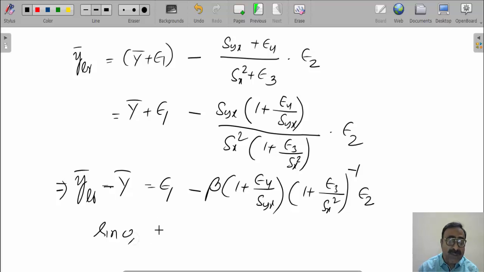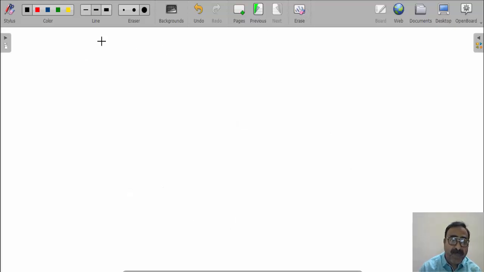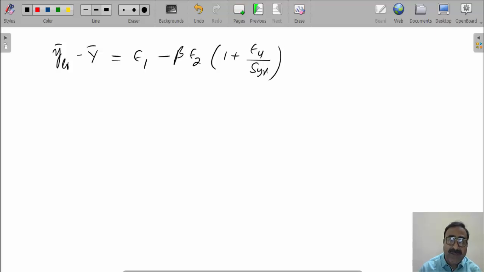Now since mod of ε3 by S_x square is less than 1, we can expand this (1 + ε3 by S_x square) inverse. So we get ȳ_LR − Ȳ equals ε1 minus β ε2 (1 + ε4 by S_yx)(1 − ε3 by S_x square + ε3 square by S_x to the power 4 − and so on).